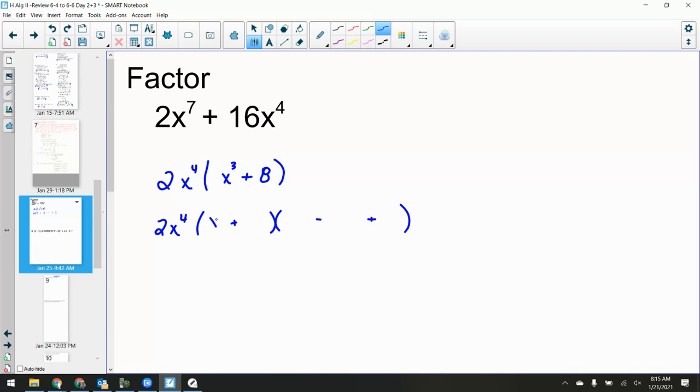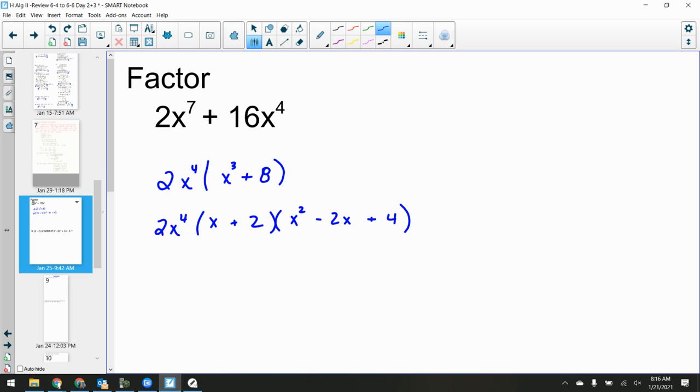And then we cube root and cube root, x and 2. Squared, product, squared. And there's my answer. Notice that it didn't say solve by factoring. I don't have to get x equals. I just factor down. And that's it. That's where I leave it.